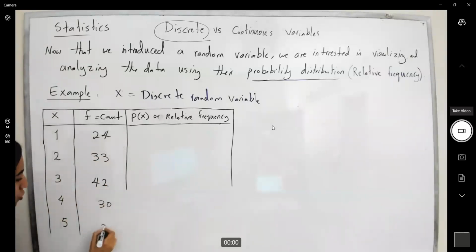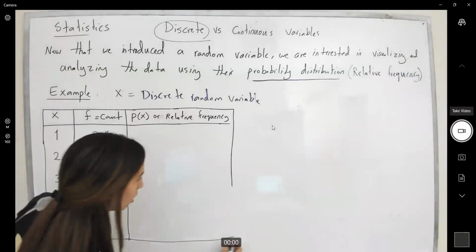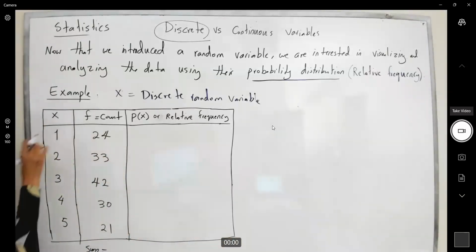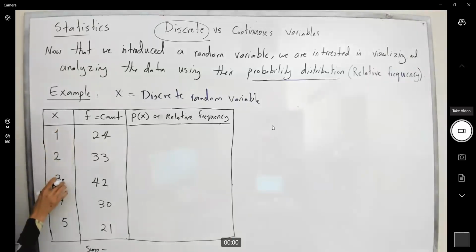And finally, you have 21. So if I add all of these together, what is the sum? Okay, after finding the sum, you're going to easily construct the probability for each of these variables.